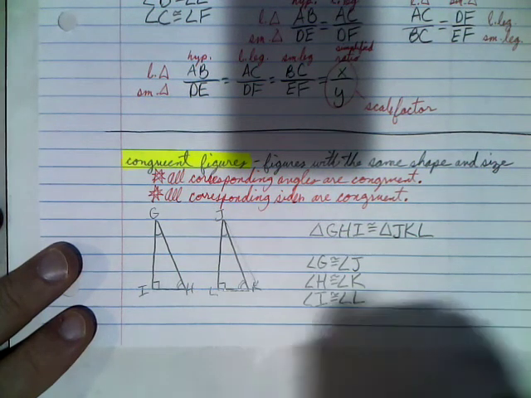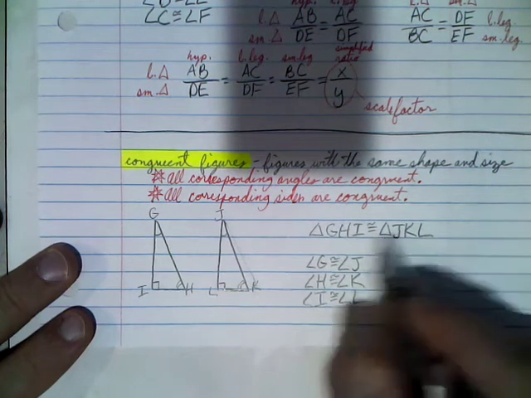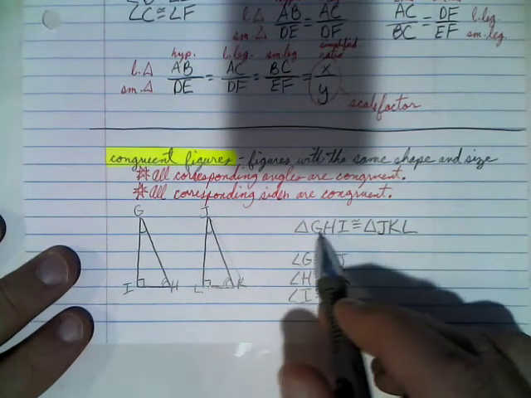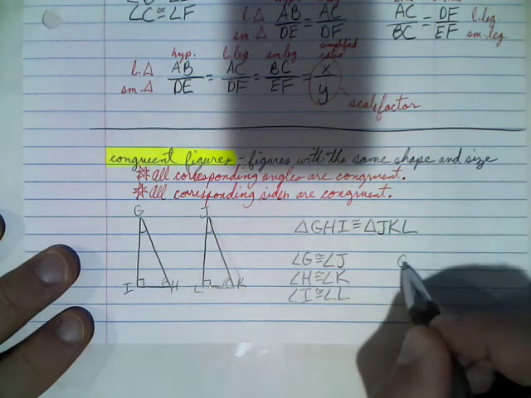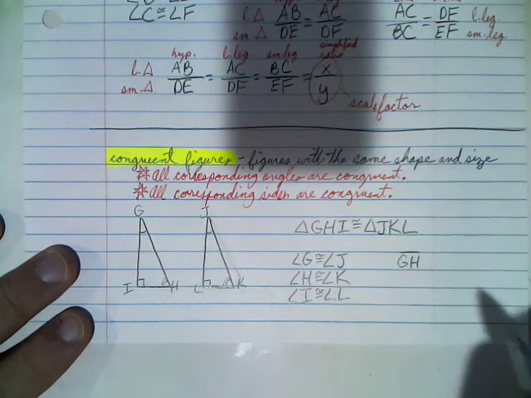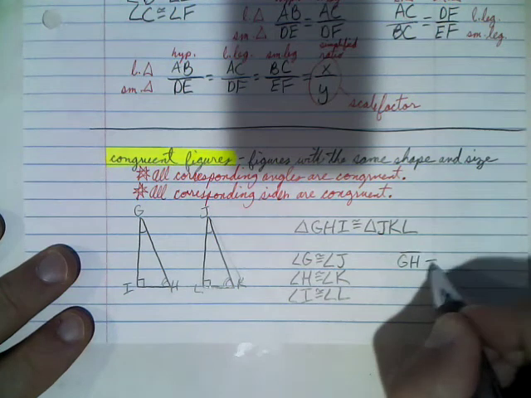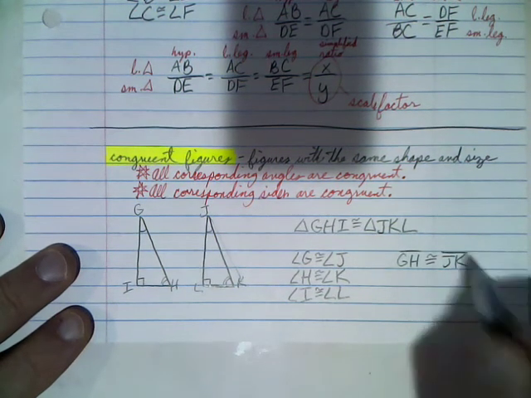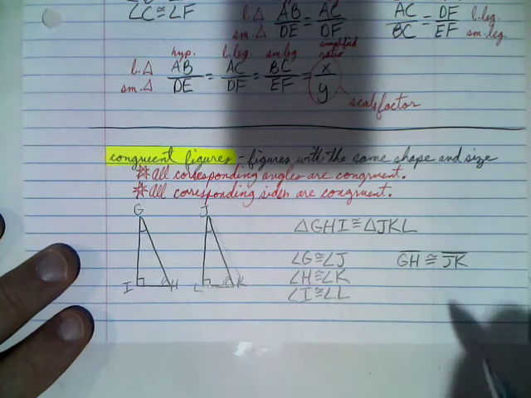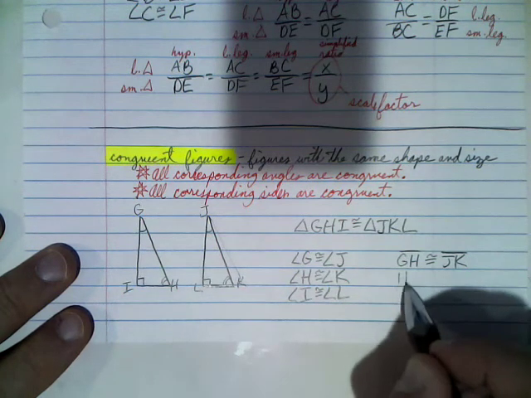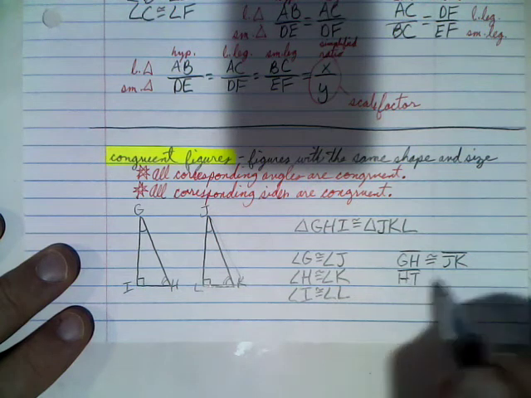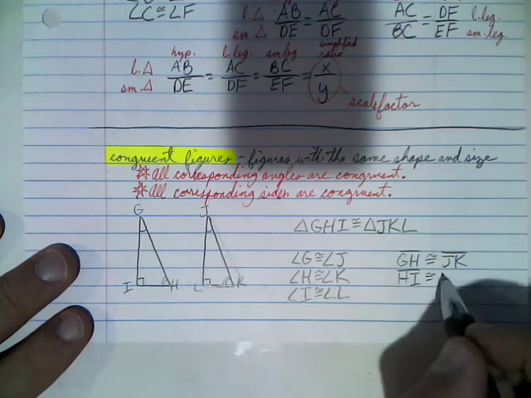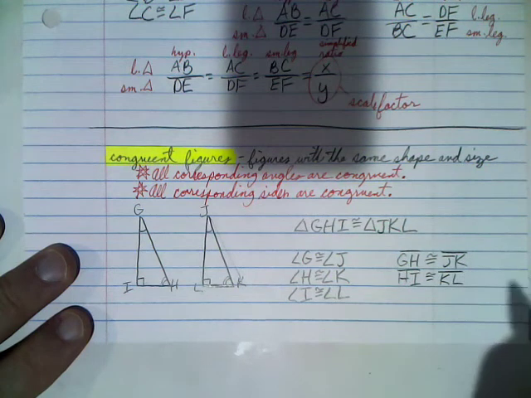Now, as far as the sides go, we can use this congruent statement here to get our sides as well. So if I use the first two letters here, segment GH will be congruent to, use the first two letters here, segment JK. If I use the second two letters, segment HI is congruent to the second two letters, segment KL.